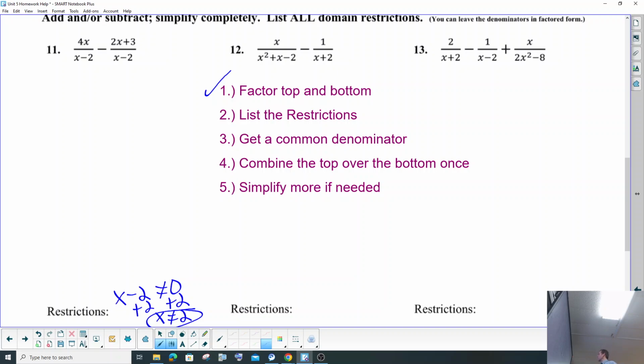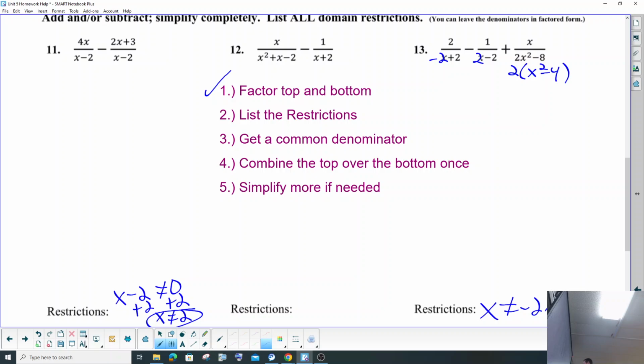What are the restrictions over on this one? Well, a negative 2 would be bad, and a positive 2 would be bad. And we need to factor this one. So we pull out a 2, and we're left with x squared minus 4. And so positive or negative 2 would also be bad.